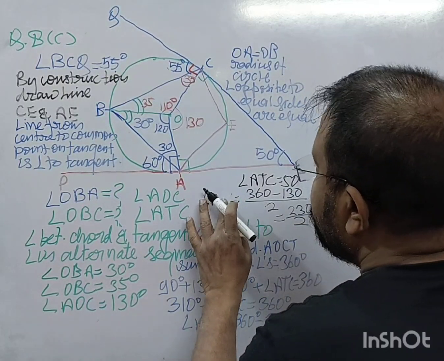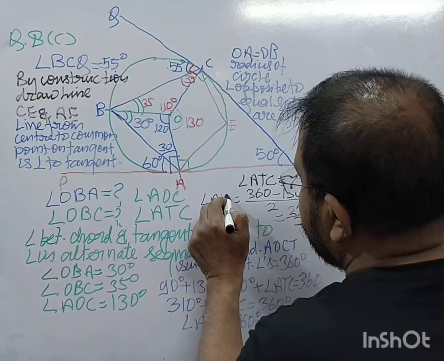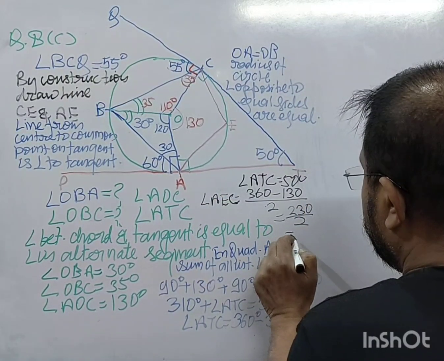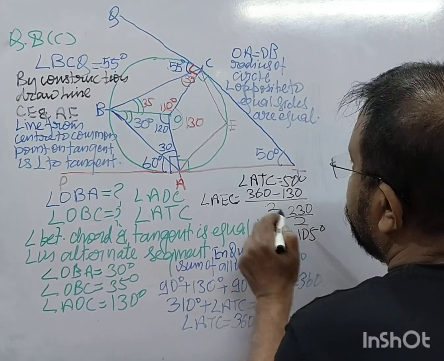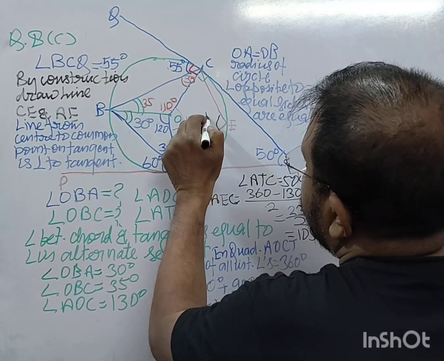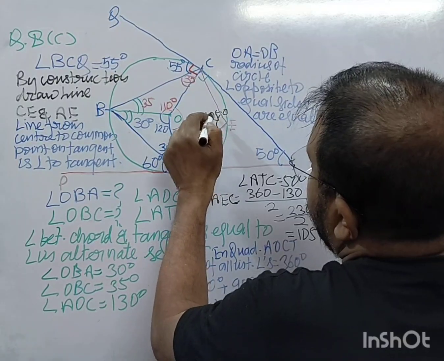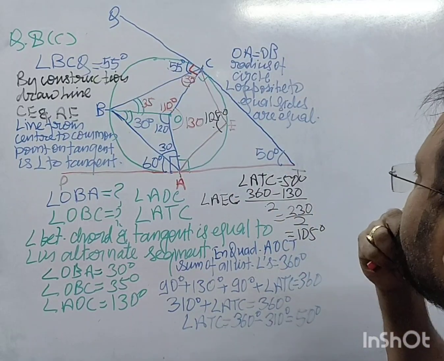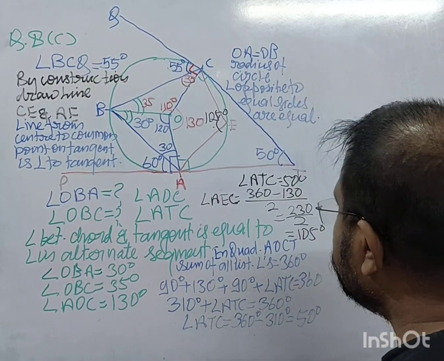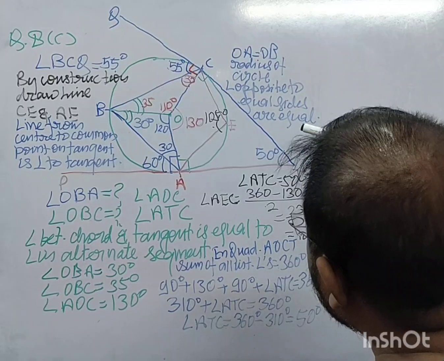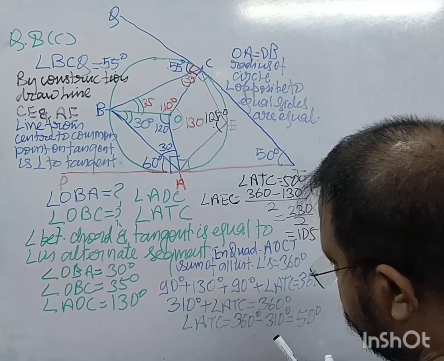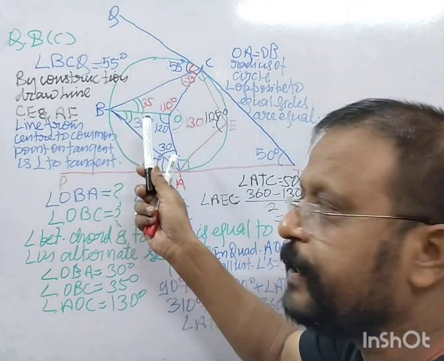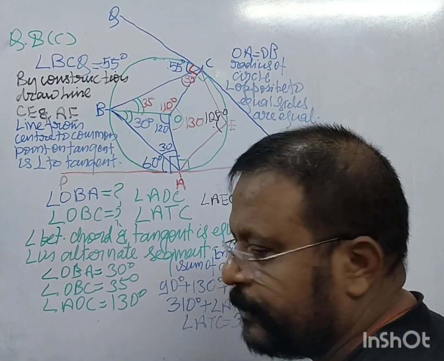It is not ATC, it is AEC. It is of 105 degree. So this angle will be of 105 degree. 105 and 65 becomes 180 degree. So it is correct. So this is for getting the value of angle ATC is 50 degree. We take this as a quadrilateral. Fine.